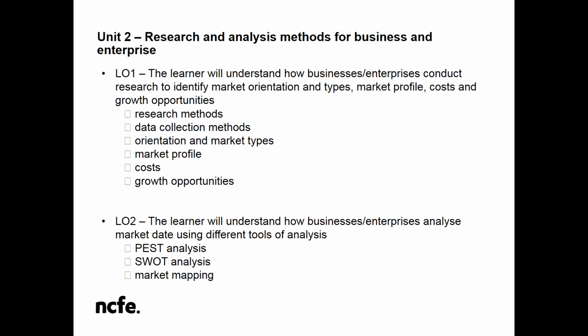So with the product orientation, it would be where organisations focus on the actual product itself. Examples of organisations that have adopted that type of approach might be Apple, for example. And then in terms of market orientation, it would be for organisations that respond to customer needs.